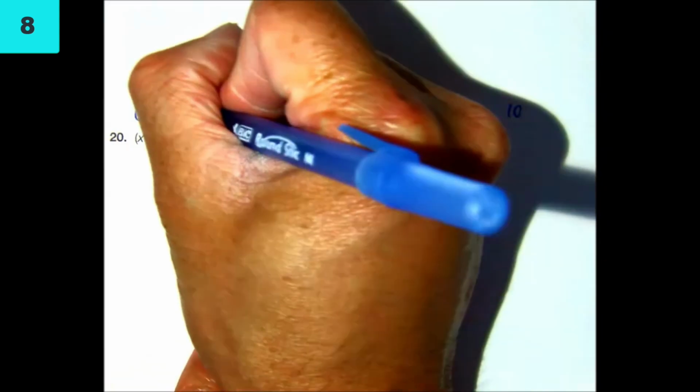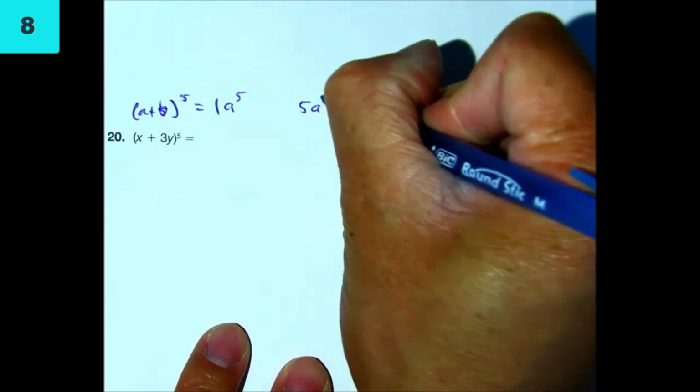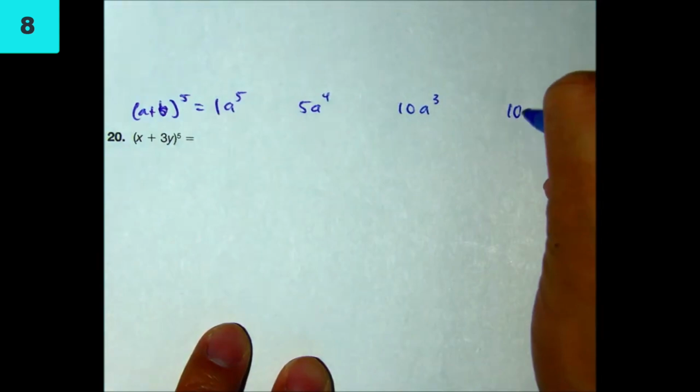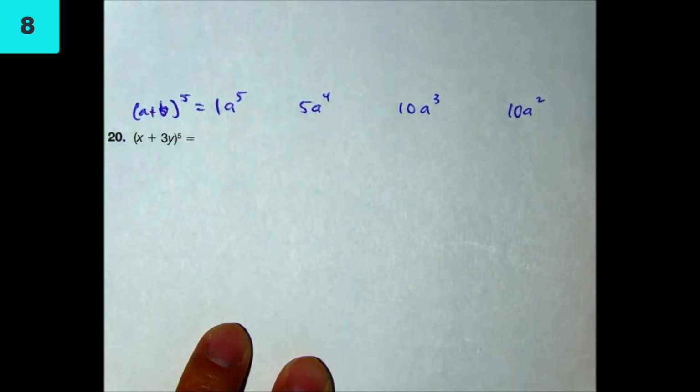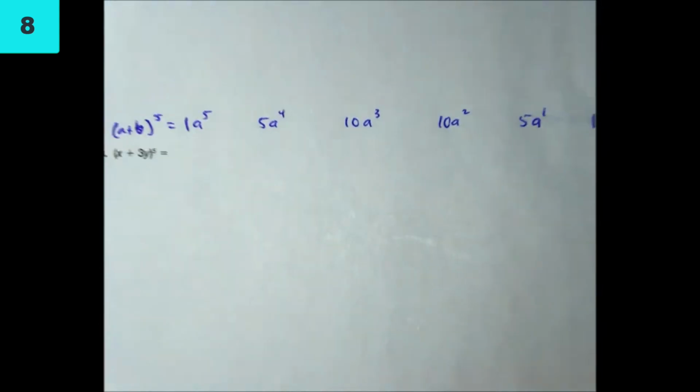Oops, that was supposed to be a b. a to the 5, a to the 4, a to the 3rd, a to the 2nd, a to the 1st. And the last one?